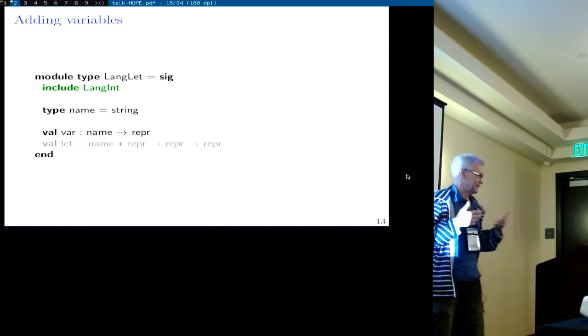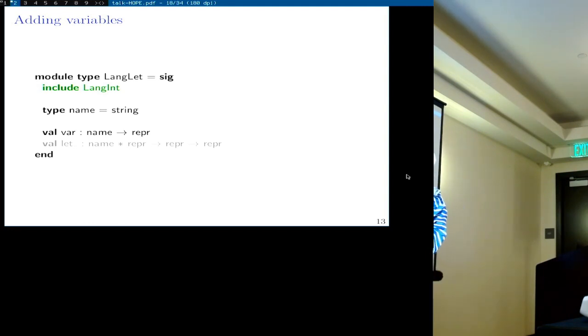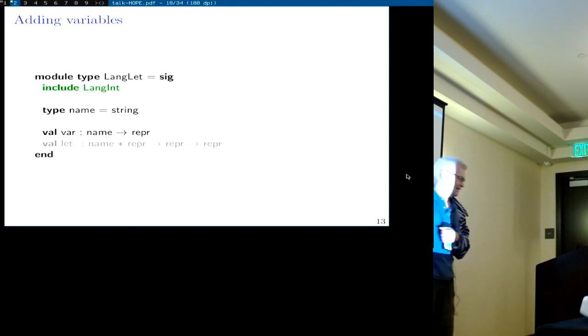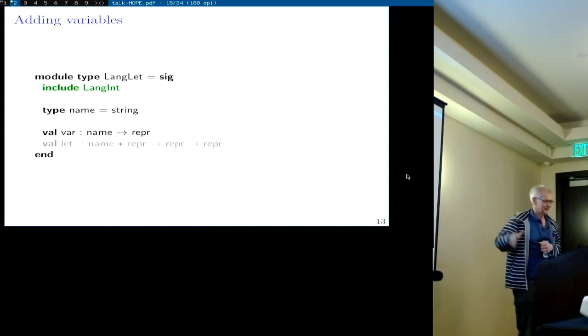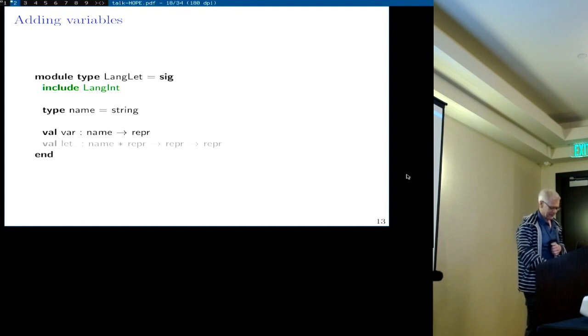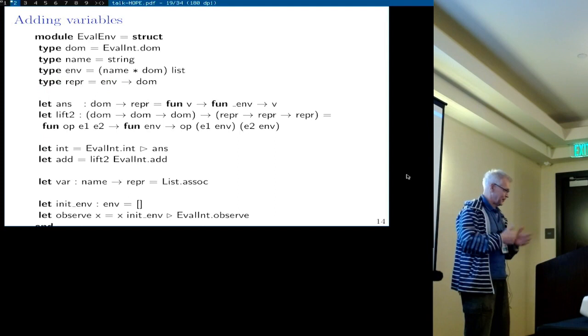We want to add variables. How do we add variables? We include in the abstract syntax the types and add variables. A variable takes a name and interprets it as something. There's also a let, to introduce variables, but for the rest of the time I will skip this. So we'll talk about variables. Adding variables, everybody knows how.